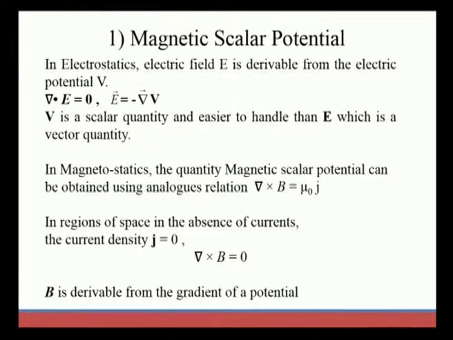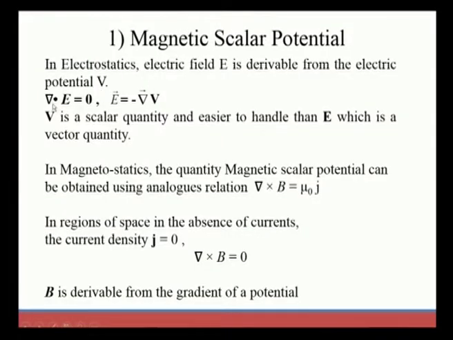In electrostatics we know that the electric field, which we always represent as E, is derivable from the electric potential V. So for representing the electric field, we take it in terms of V here. Whatever terms are present in electrostatics are considered here as potentials, and that way it is called the magnetic potential.